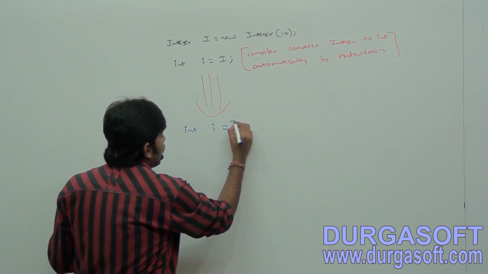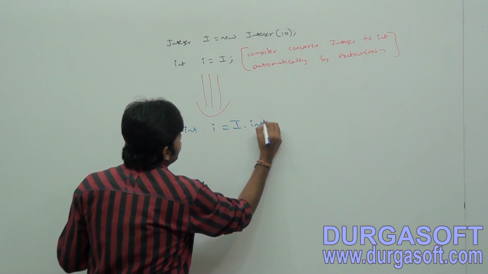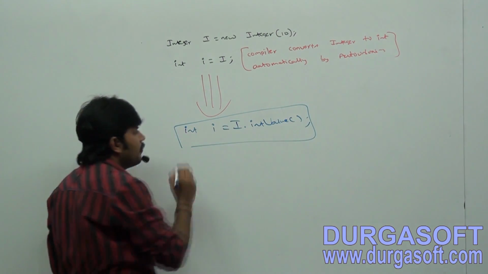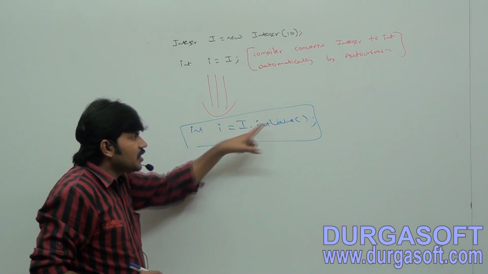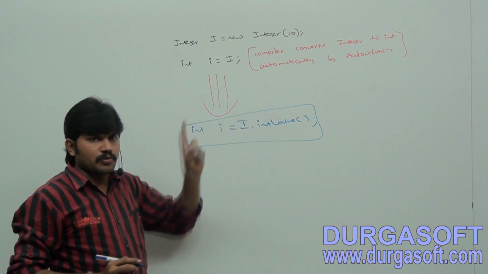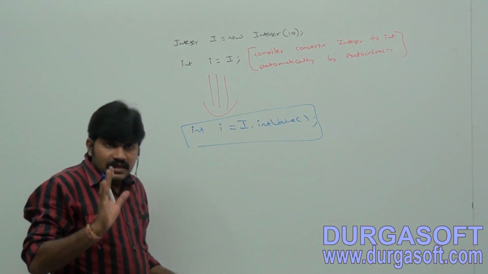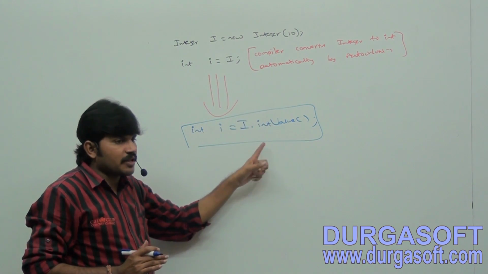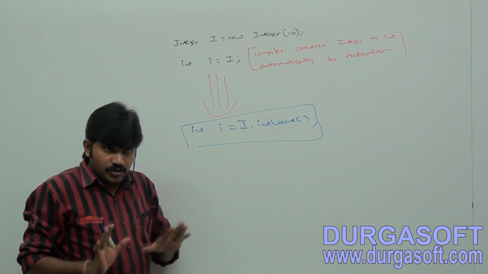That's why it is intValue. After compilation, the above line will become nothing but that line. Who is responsible to place this line? The compiler. That's why the compiler is responsible to perform auto unboxing, right? Internally, auto unboxing is implemented by using the xxxValue method. Are you able to understand that?